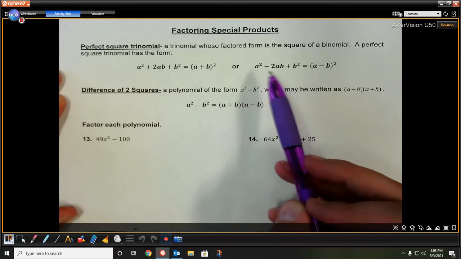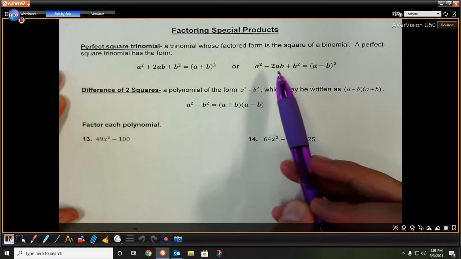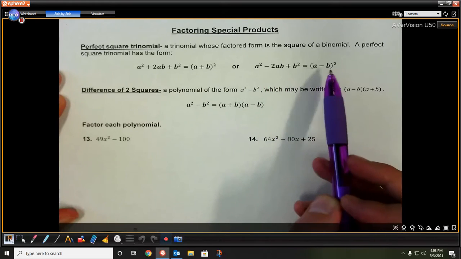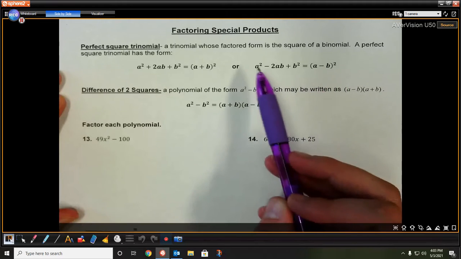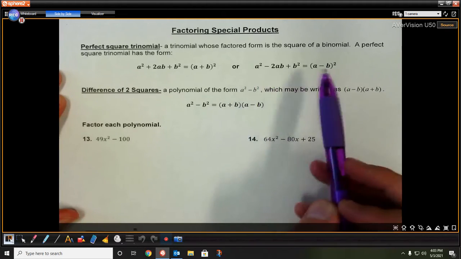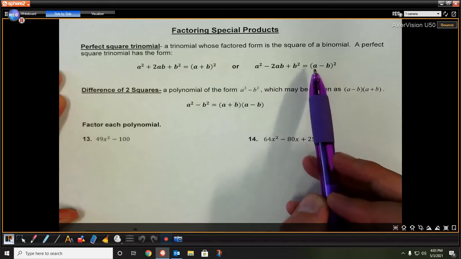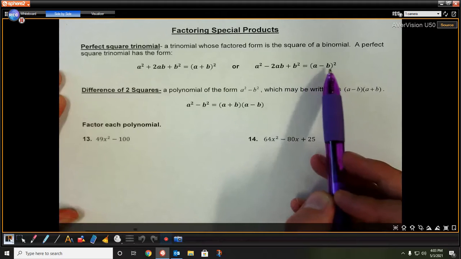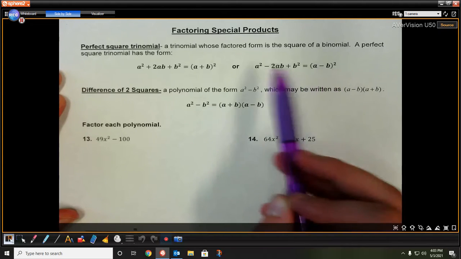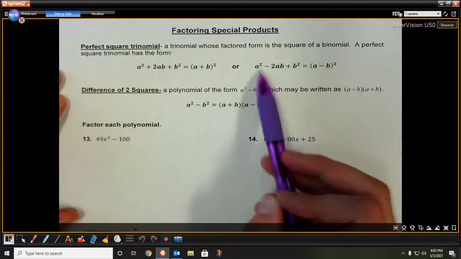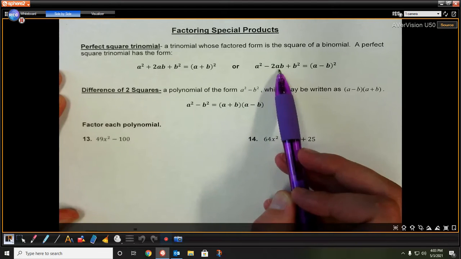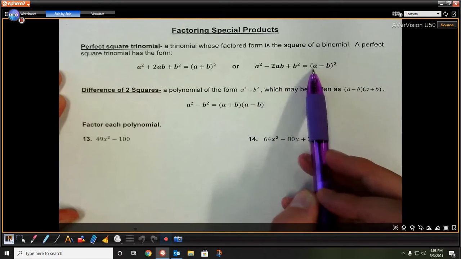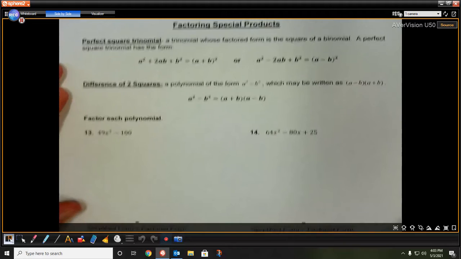The difference when it's (a - b) squared is that a squared is your first term, so you take the square root of that, b squared is your last term, and the middle term is -2 times your first term and your last term. So we're going to look at those.